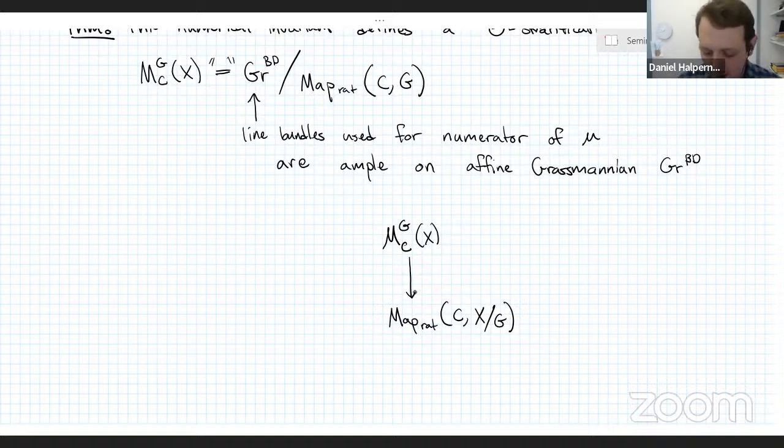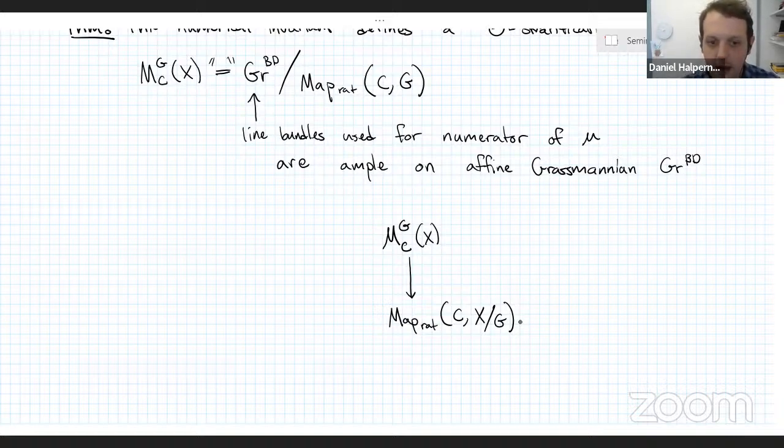So there's some stuff that I'm sweeping under the rug, but what happens is that the stack of rational maps parameterizes a divisor in the curve, and then along with a G bundle and a section of the bundle, but isomorphisms are isomorphisms on the complement of the divisor.